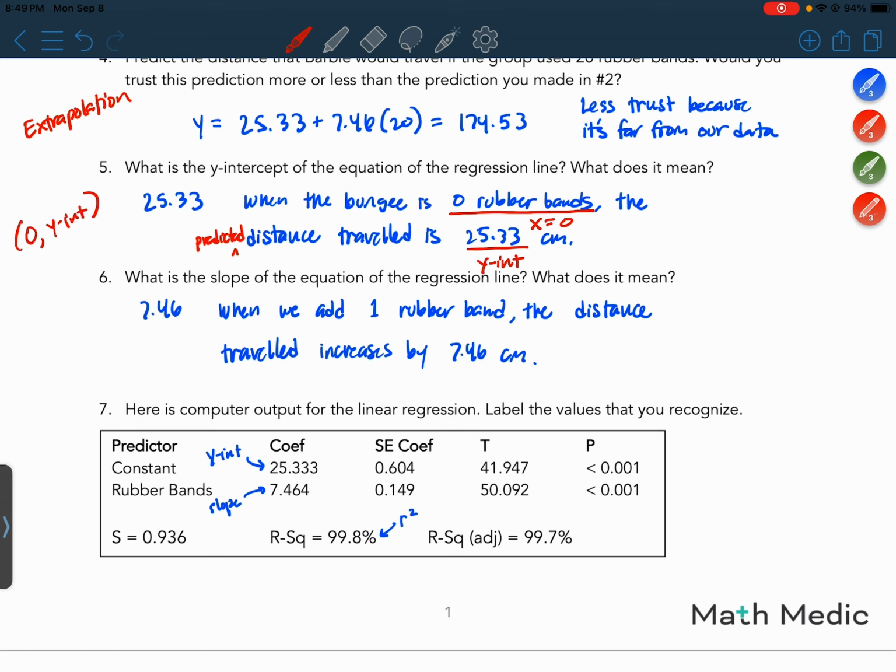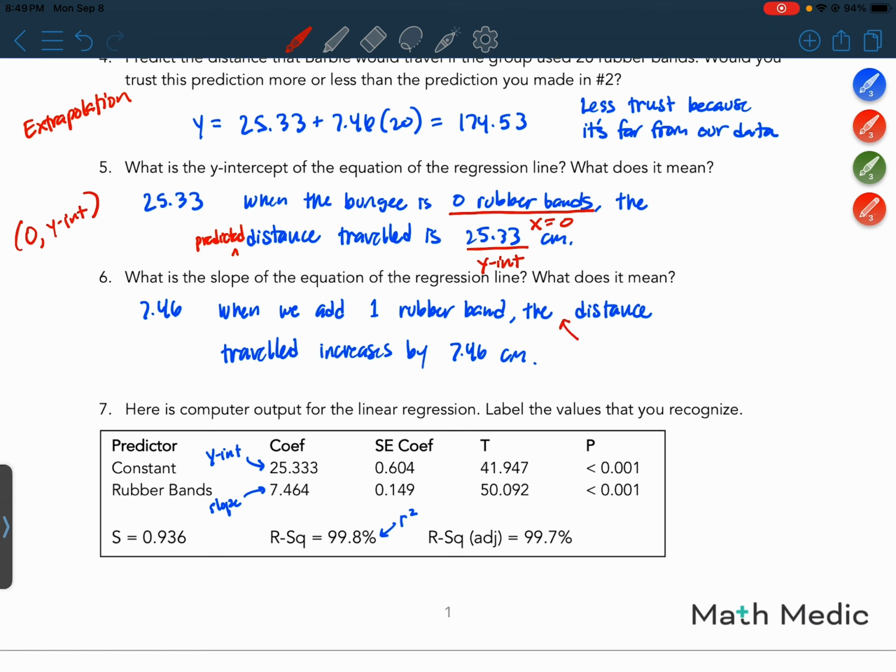Okay. So remember from algebra and maybe even calculus, right? A slope is a rate of change. It describes how one variable changes with respect to another variable. So in this sentence, when we add one rubber band, the distance traveled increases by 7.46 centimeters.